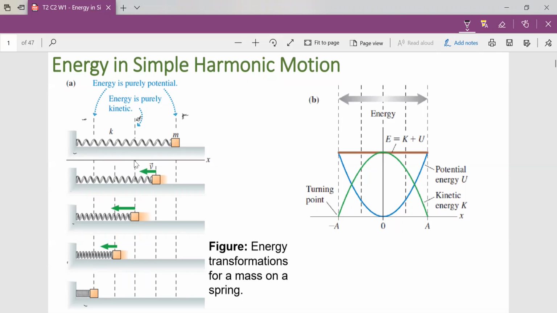But what we want to emphasize here is that at the start, the maximum amplitude here, to the maximum amplitude on the positive side, we have purely potential energy.